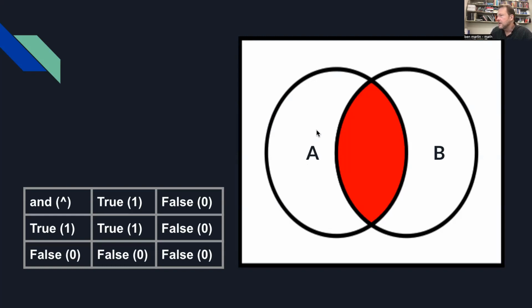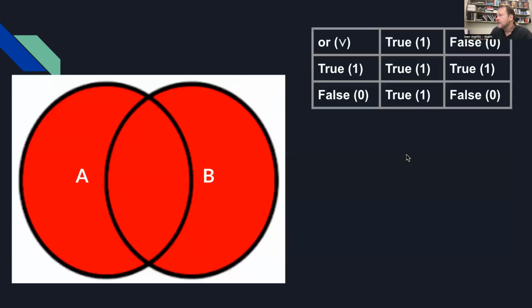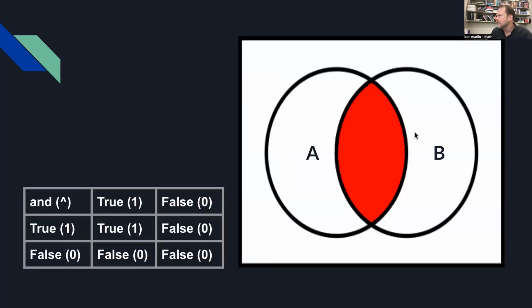When we say X is in set A and X is in set B, the and means it has to be in both A and B. If you've got a statement like that, it can be either true or false, then we sometimes think about this thing of a truth table.